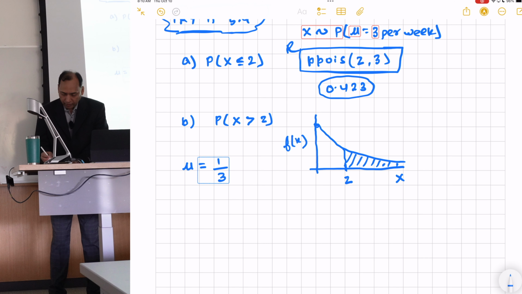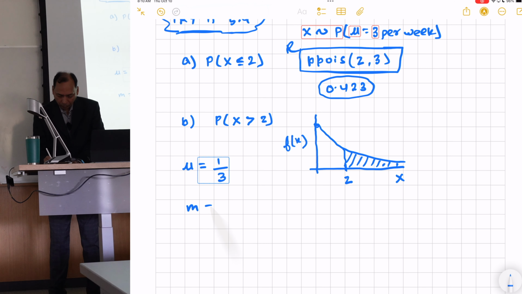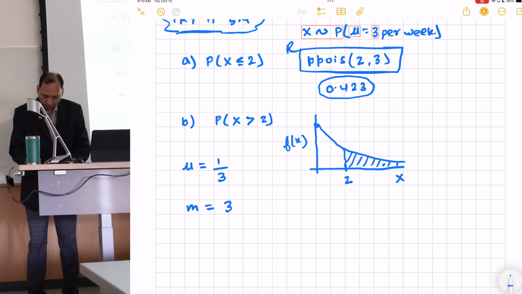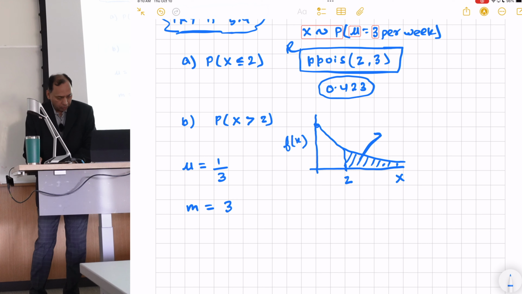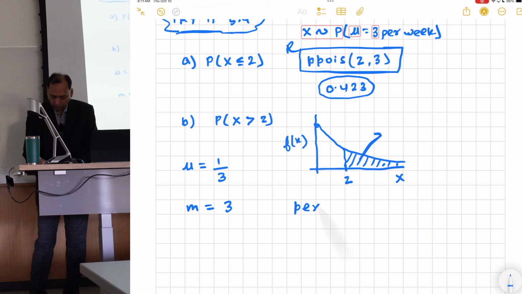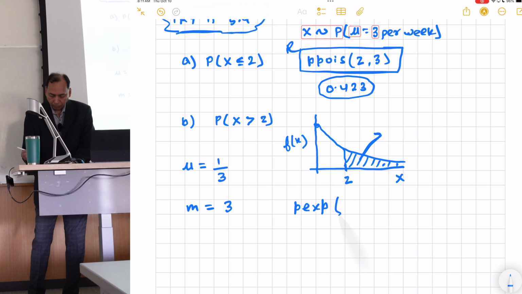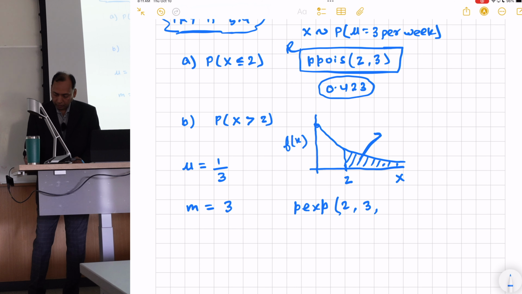And if that is 1 by 3, then your decay factor m is the inverse of that. So m is 3. So once you have this, we can figure this out using P for probability, EXP for exponential, and then we have 2, and then we have m 3, and lower tail is false.